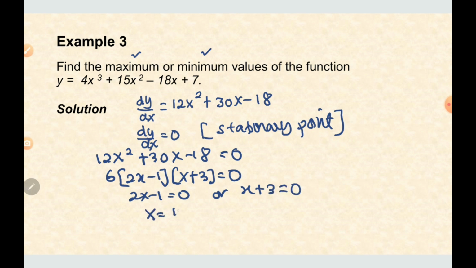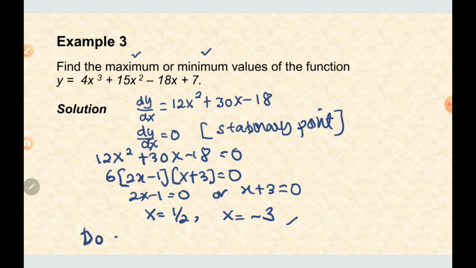Therefore, we have x equals 1 over 2 or x equals negative 3. So we have to determine which one is the maximum and the minimum. So we need to do the first derivative test.